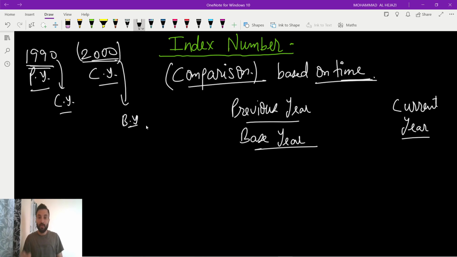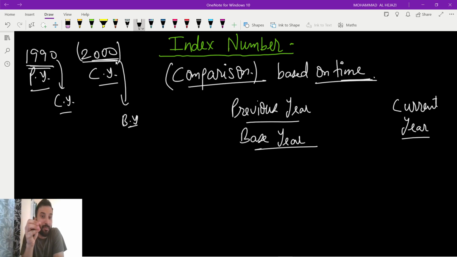In the examination hall, don't fight with your friends. The friend is sitting there and you start fighting in the examination hall, and you get confused again. Sir told that 2000 is the current year and 1990 is the base year, but in the question they have changed it.